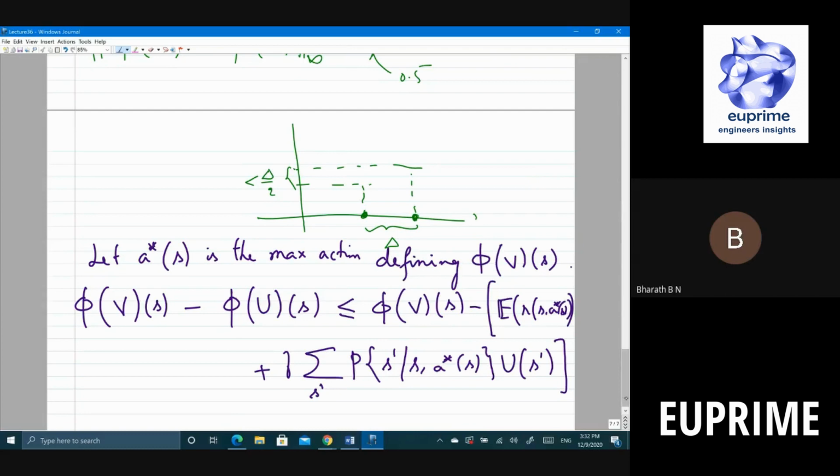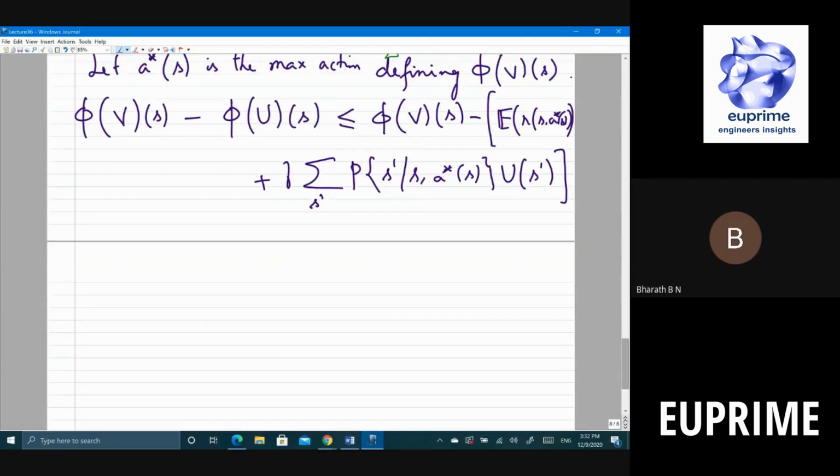Okay. Now I'll write the next step. So you should tell me why. Why is this true? Okay. So now I can write this as a new summation over all S dash of the probability of S dash given S comma A star of S. Okay.